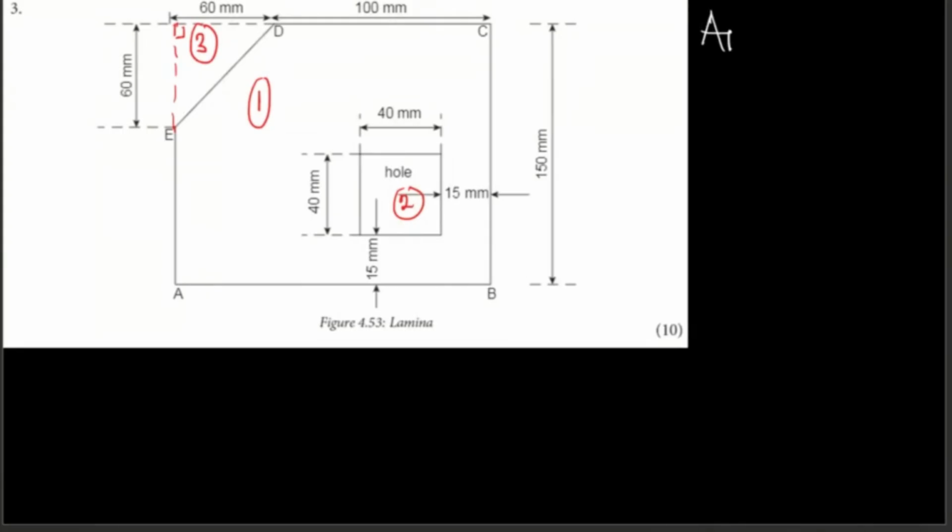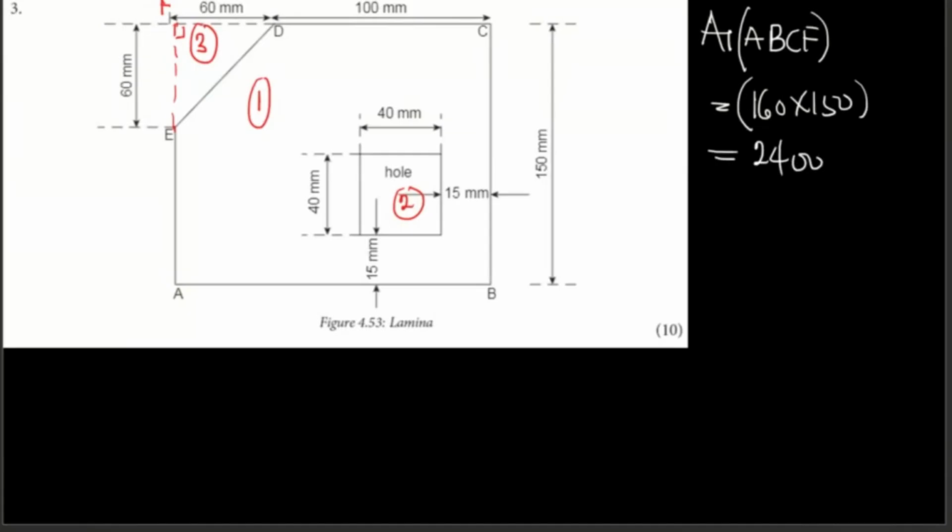Area 1, A, B, C, D, E, F. Let me label it A, B, C, F. So that is 150 times 160, isn't it? A2 is the area of the hole.